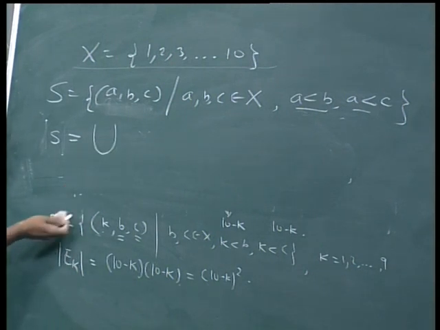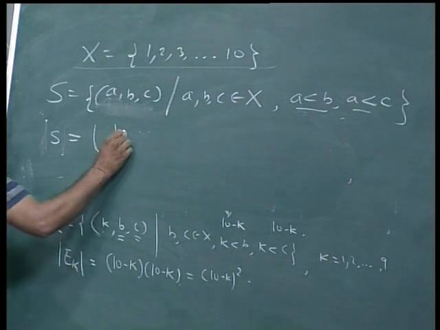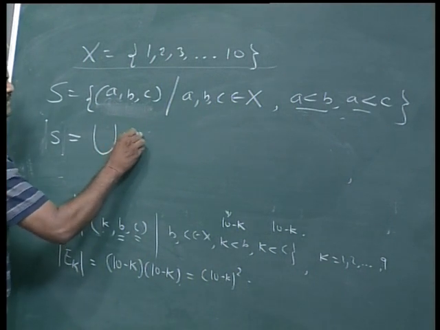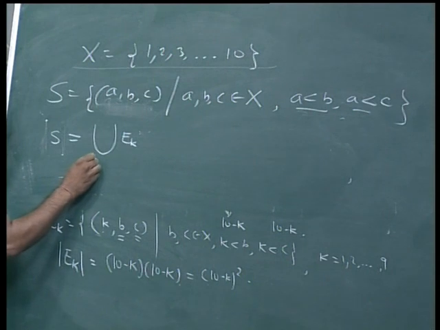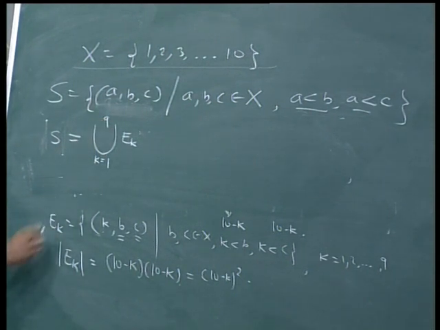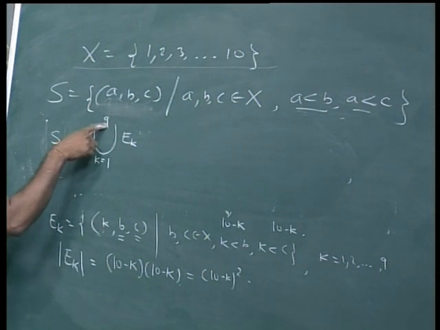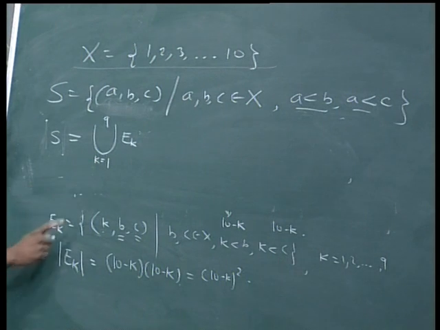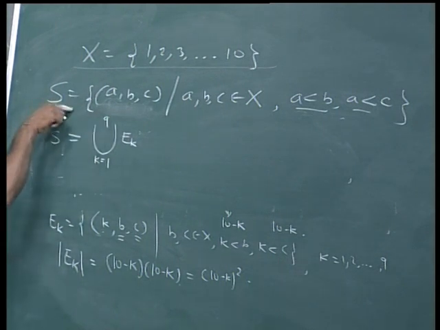It consists of all such triplets. So if you combine all such Ek, that is S is equal to union of Ek, where k is equal to 1 to 9. I can put any k from 1 to 9 but not 10 here, and then for each possibility for k I will get one set Ek, and union of all such sets will give you the required set S.